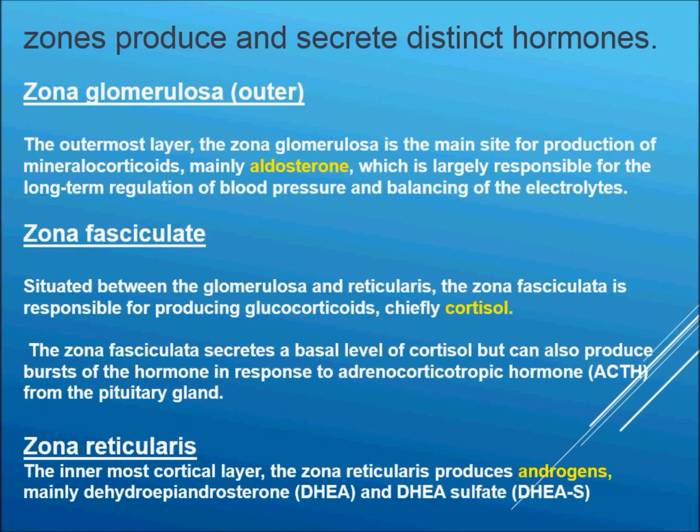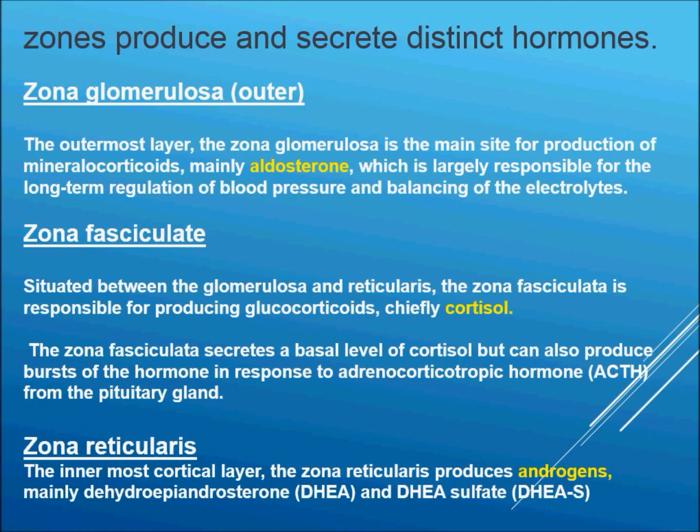Okay. Now comes the Zona Fasciculata layer, which is inner to the Zona Glomerulosa. It is situated between glomerulosa and reticularis. Reticularis is the inner layer. So you can say that this layer lies just between glomerulosa and reticularis.